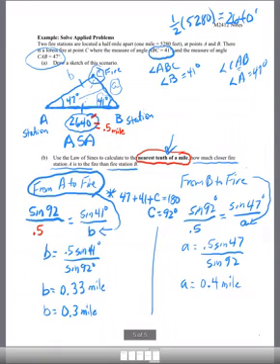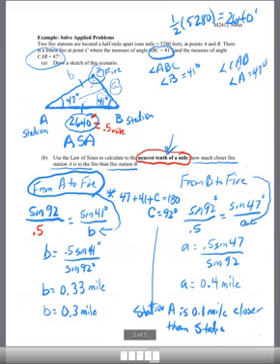So station A is 0.1 mile closer than station B. All I did there was subtract the difference between the two.